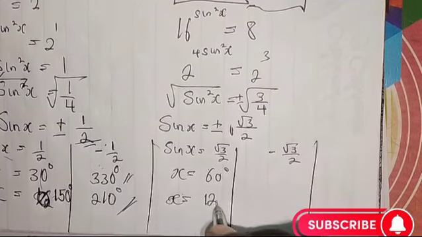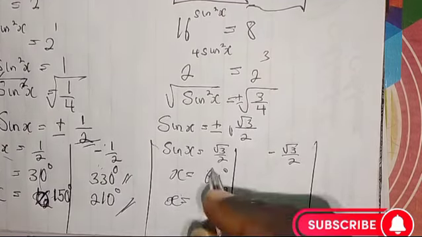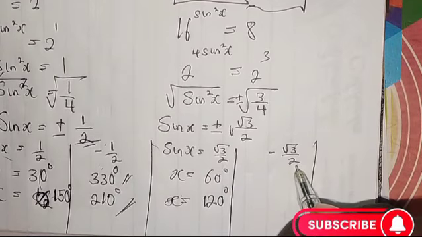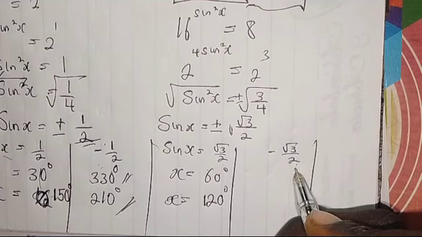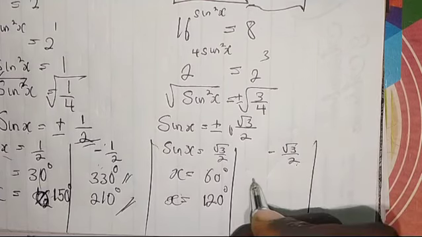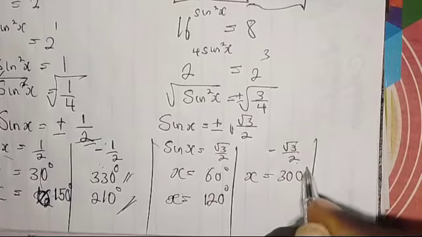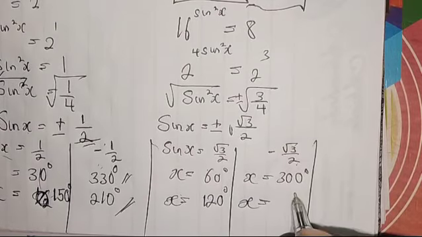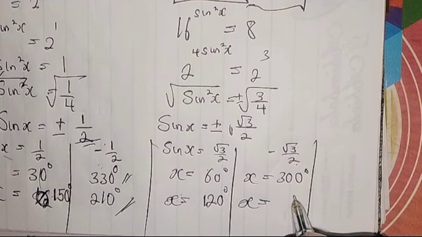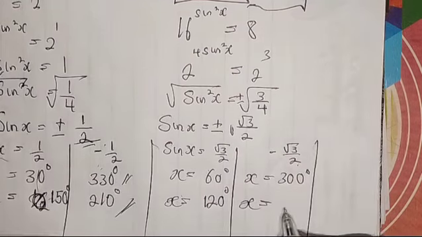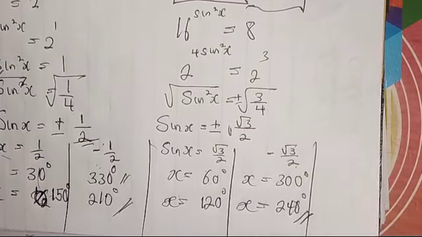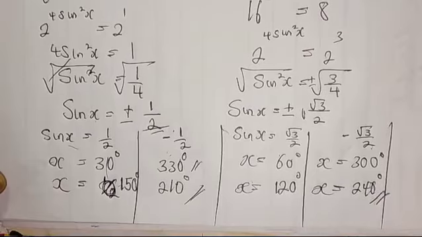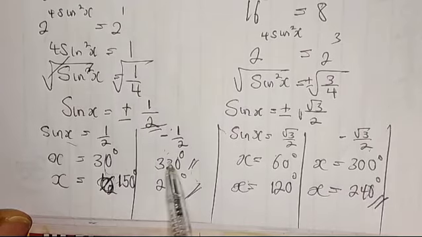So we also have 120 degree to be the value of x here, and at this point where it is negative, third and fourth quadrant, subtracting 60 degree from 360, you have 300 degree. So here we have 300 degree, and here subtracting 60 from 180 degree, we have 240. So we have 240 here. So these are all the values for x. Look, and see we have 8 possible values for x.